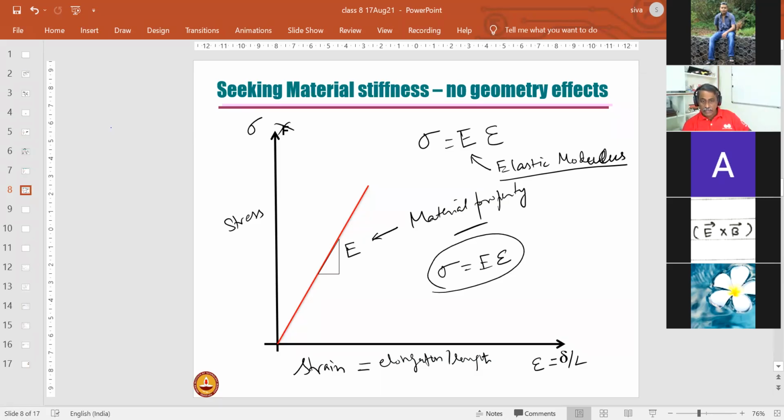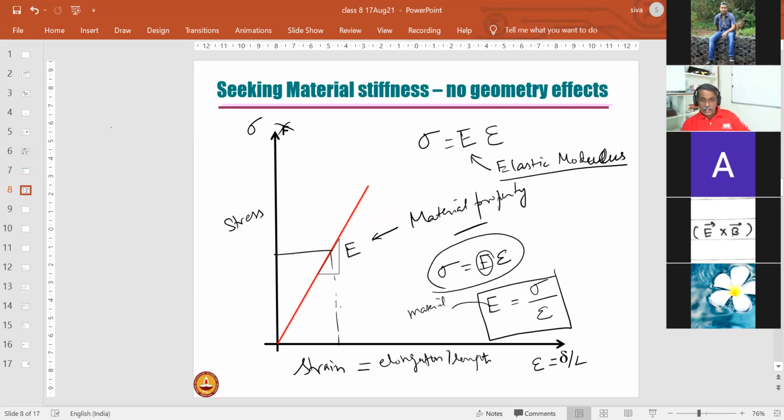So if I have stress and strain, if I apply a particular stress and get a particular strain, it is possible for me to use these two in order to get E. Or in other words, E is equal to sigma by epsilon. This is the material property. Okay. Let's look at the units.